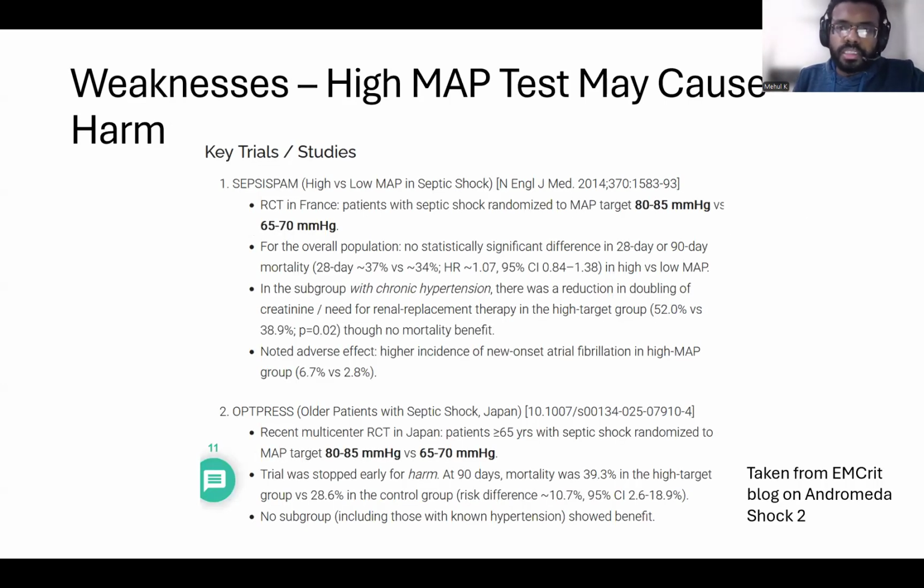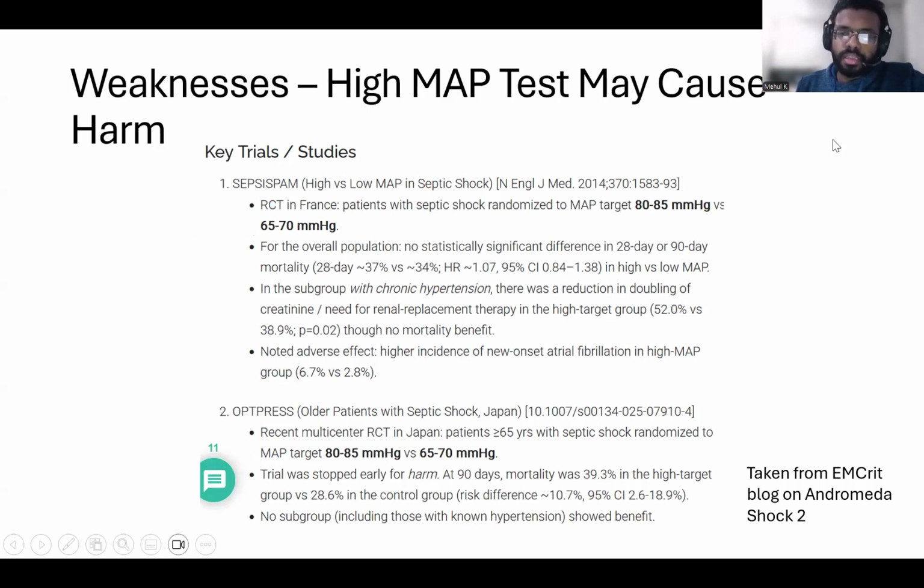And the biggest criticism has been raised against the MAP test because studies have shown that higher MAPs are number one not beneficial, and one RCT in Japan actually showed increased mortality by targeting higher MAPs. So this is one big negative for the study.